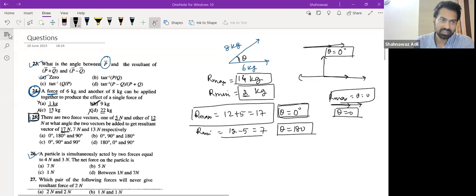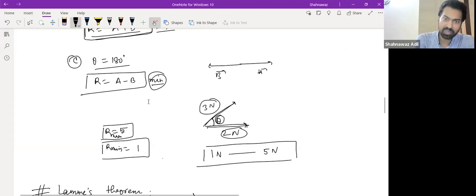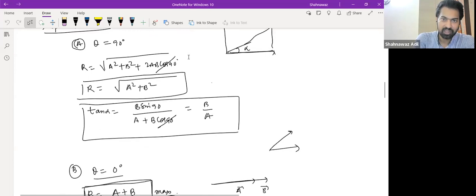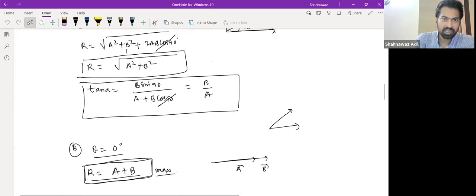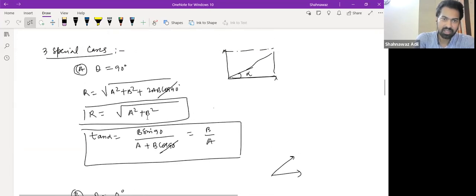So see, that is why we have to keep revising, guys. If theta is 90, R would simply be the square root of a square plus b square. Is that correct, Akib?